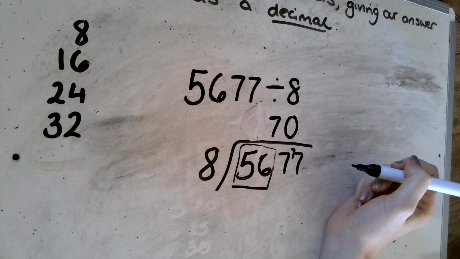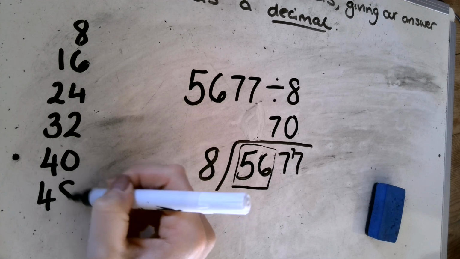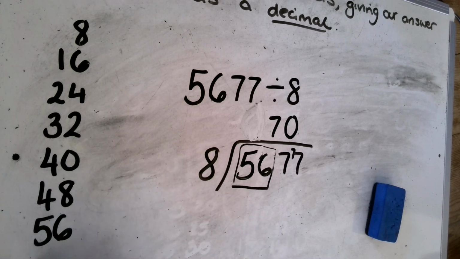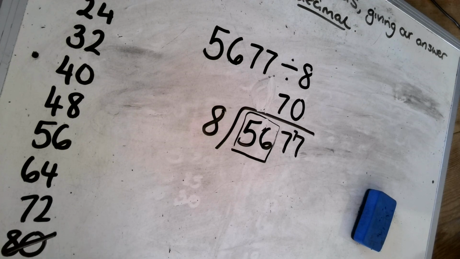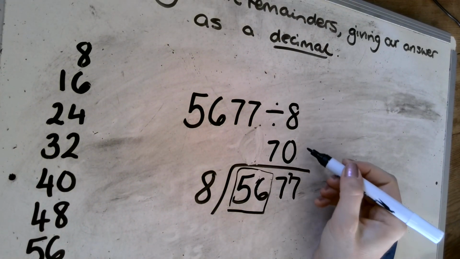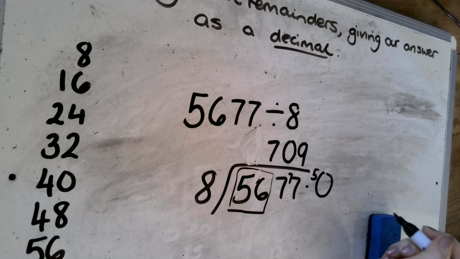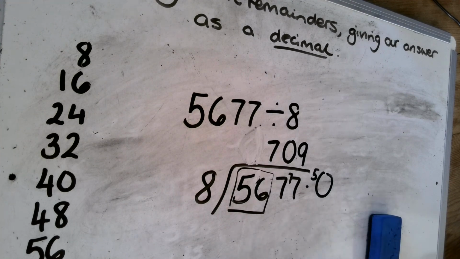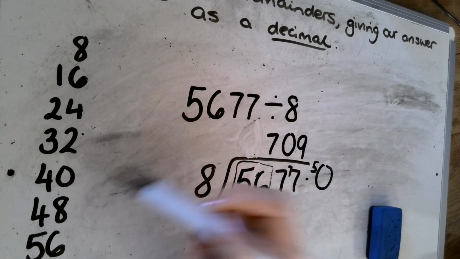77 divided by 8. Now if you were to carry on your 8 times table, you would see 10 times 8 is 80. Oh, that's too far. So the one before 10 times 8 is 9. So we've got a 9 here and a remainder of 5. 50 divided by 8. 1, 2, 3, 4, 5, 6.